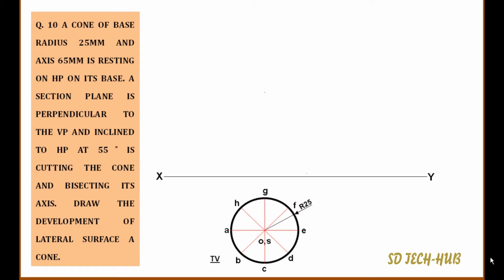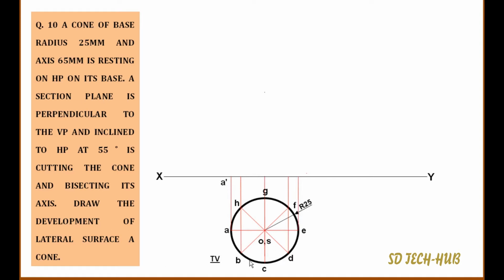So in this way we have completed the top view of the cone of radius 25. Now draw the projection from each and every point on the circle to the front view. Now name these points at the base.